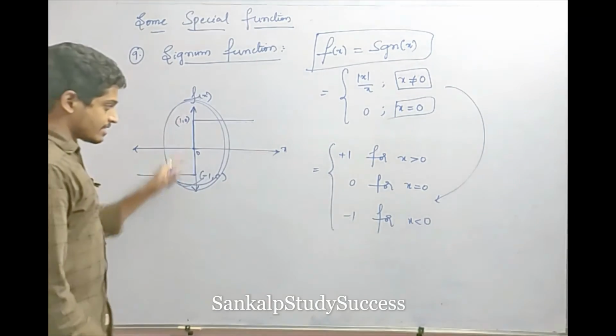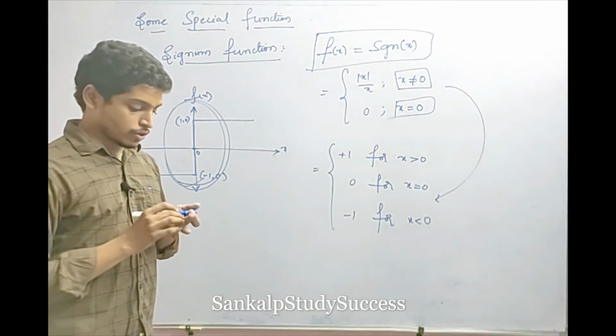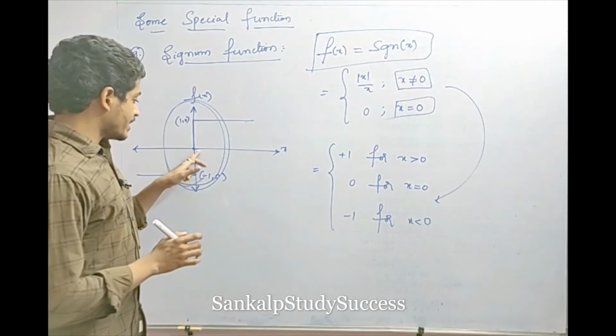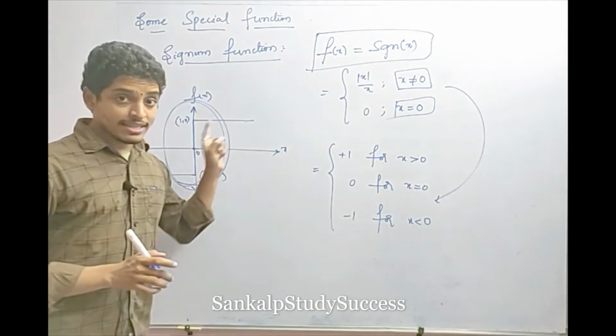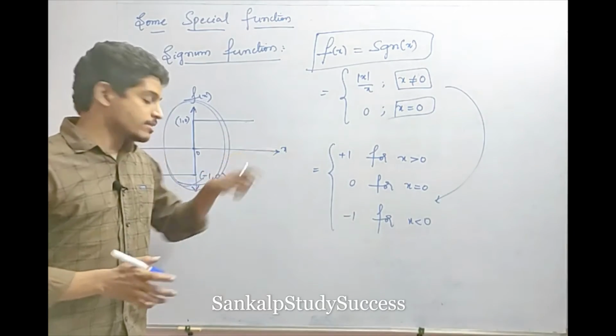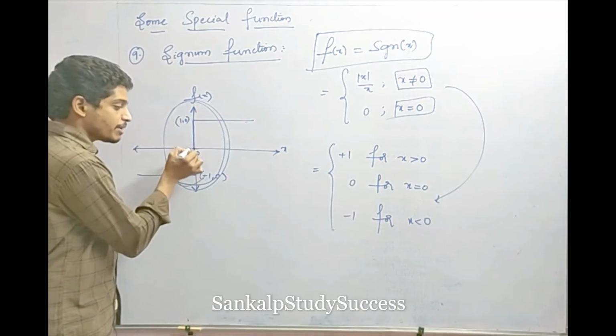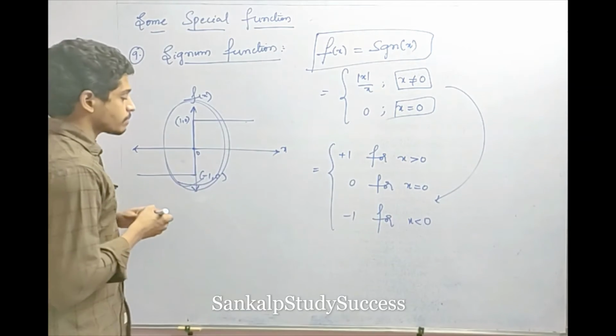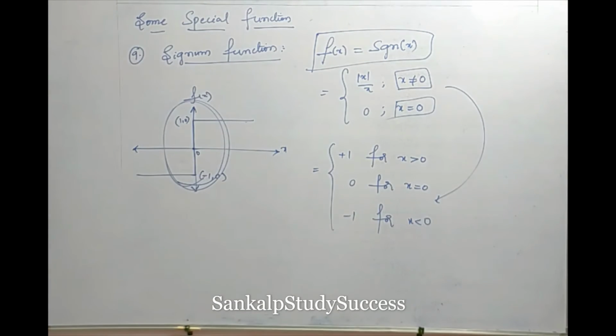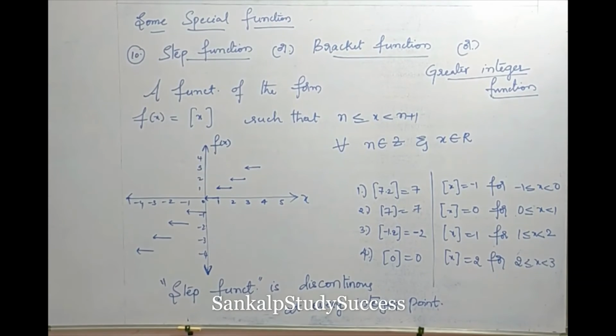So we cannot tell the exact value. I will be discussing this function again when I teach you limits. Here there is a discontinuity, hence we cannot say the limit of this function as x tends to 0. So this is a very important function, friends. Just check it once.